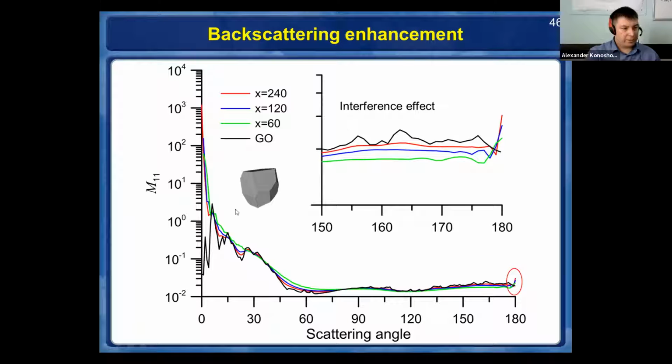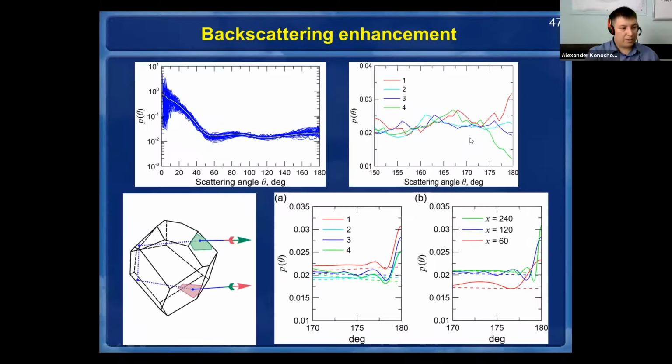So this explains why we have this backscattering enhancement phenomenon, and we have calculated it precisely. This is what the lidar senses, and this is what the geometrical optics says. So it's different.